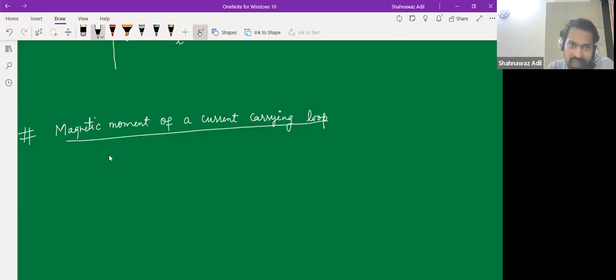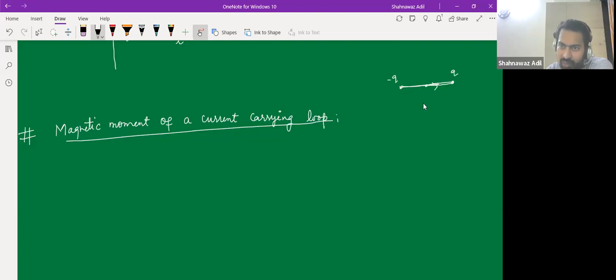Okay. So when I say magnetic moment, can you recall whether you came across this moment thing in the previous chapters? Yes. What was that? Dipole moment. Absolutely right. Whenever we had two charges of equal amount separated by a very infinitesimal distance, they experience some dipole moment.